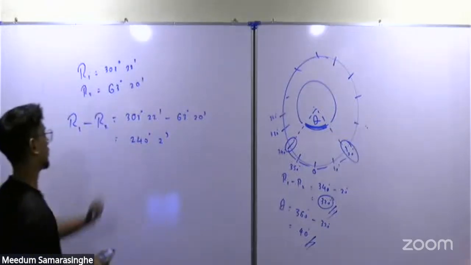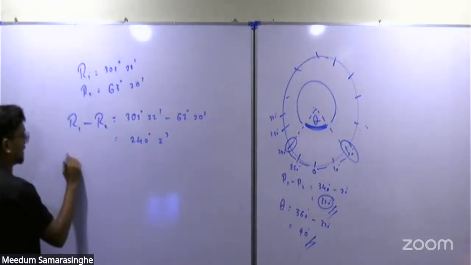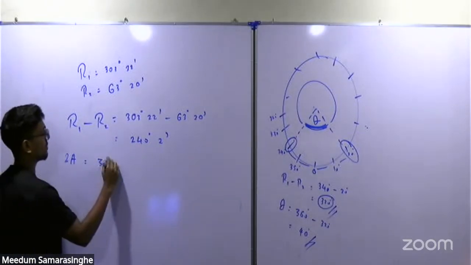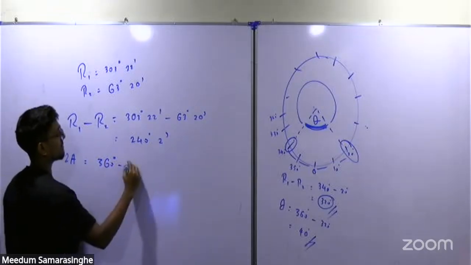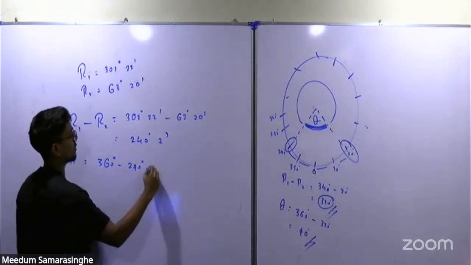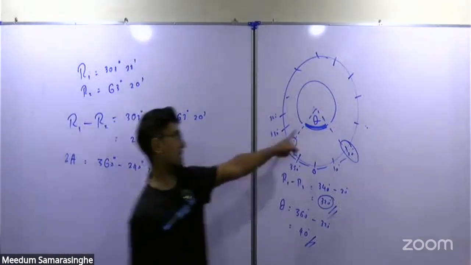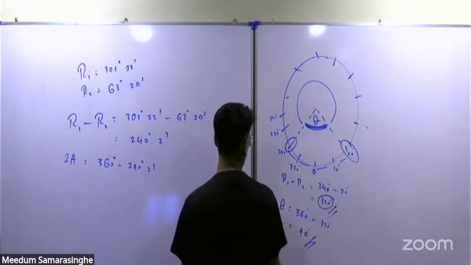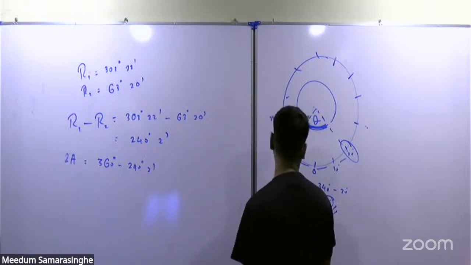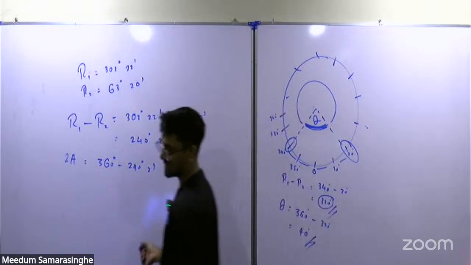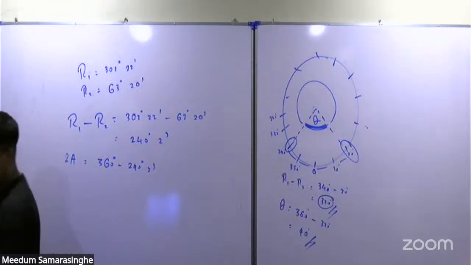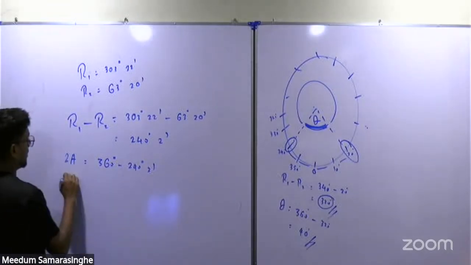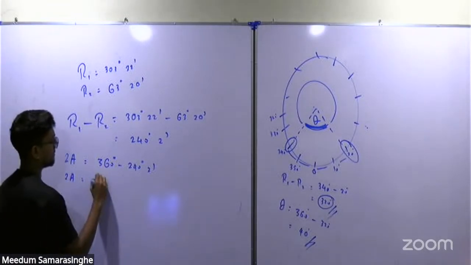You get 240 degrees. Now actually 2A is equal to 360 minus this one, 240 degrees 2 minutes. Here the angle theta is the angle moved by the vernier scale or telescope. That is 360 minus 240 degrees 2 minutes. Now how do we find 2A?